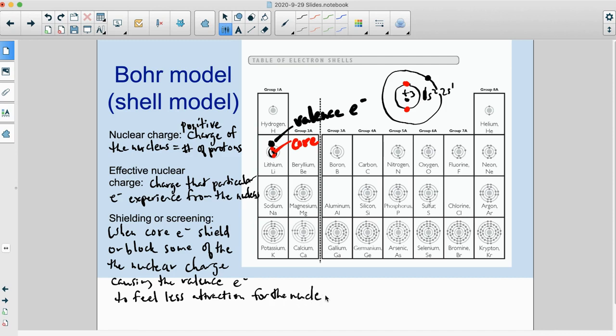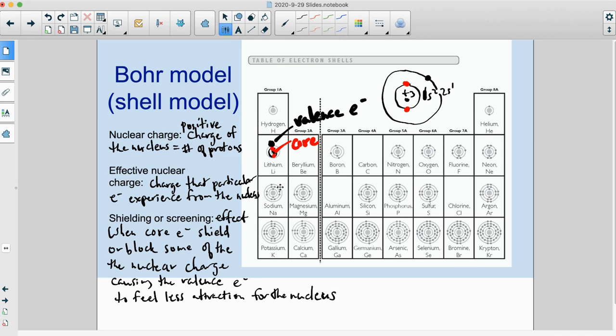Those valence electrons will be less tightly held, because they can't feel that attractive force as much. Remember, positive and negative will attract. Electrons are negative, the nucleus is positive. So when these core electrons shield or block some of that nuclear charge for the valence electrons, that's called the shielding or the screening effect.